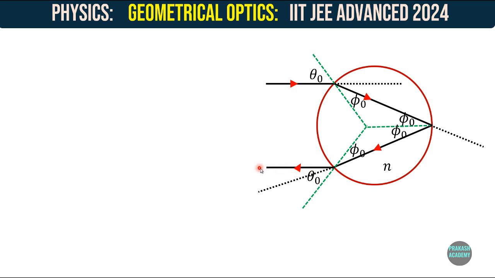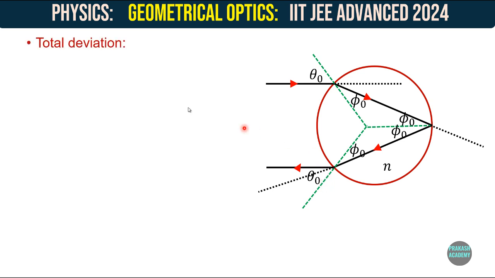So if you pass a light ray in this direction, that is, if it goes like this, then like this, and then this, and finally refracts on this surface, it will come out like this at an angle of theta naught. This means this has to be theta naught. So either you can use the concept of symmetry, or you can use the idea of reversibility of the light ray. In both cases this angle and this angle are equal and both are equal to theta naught.